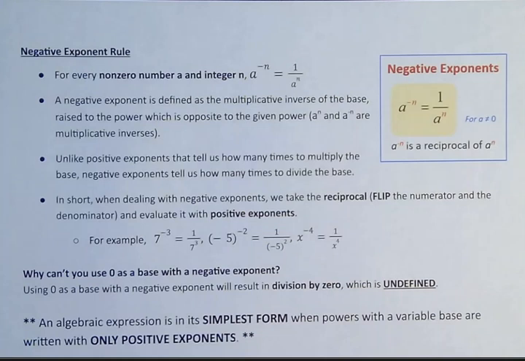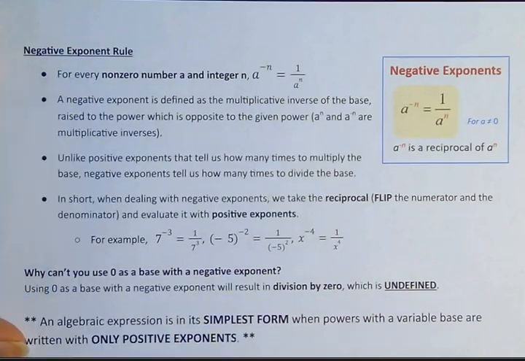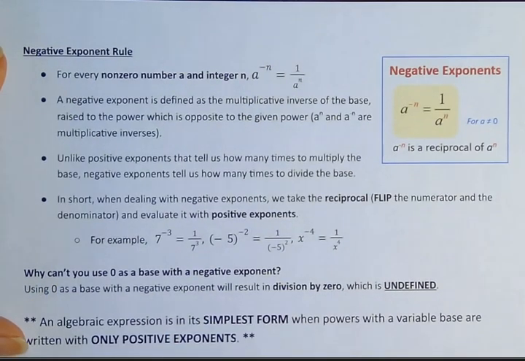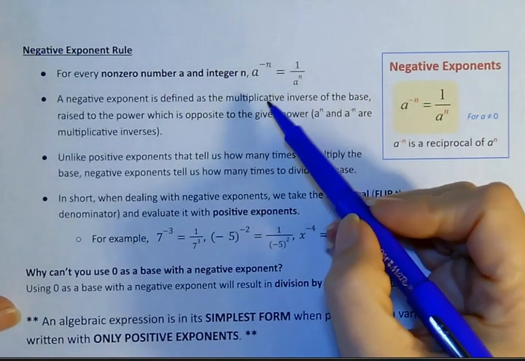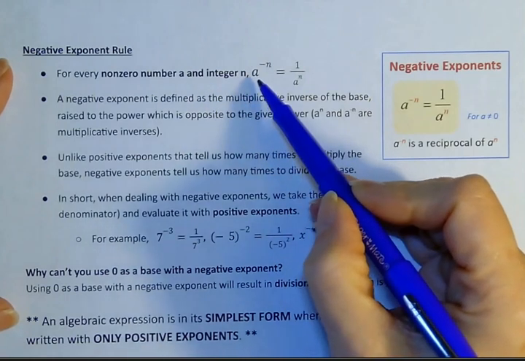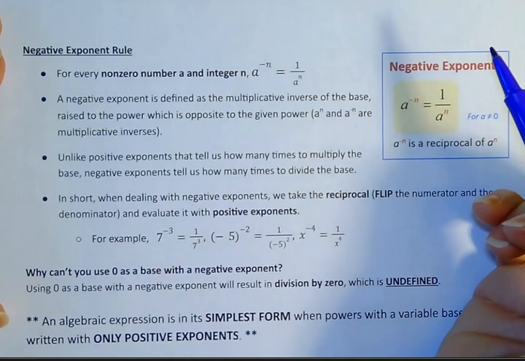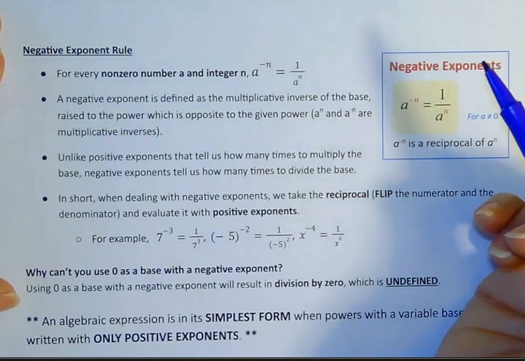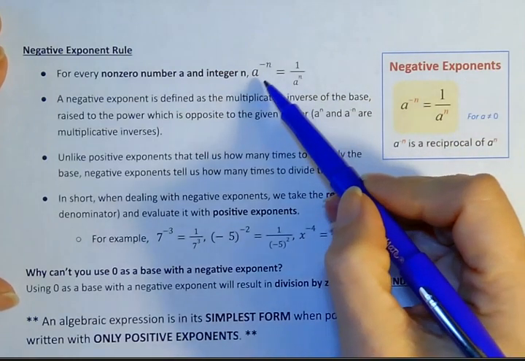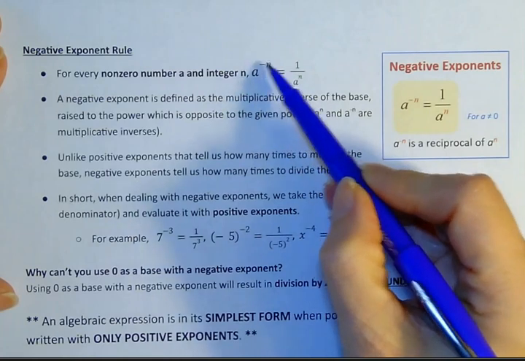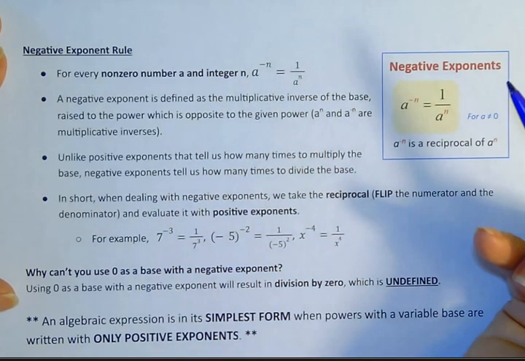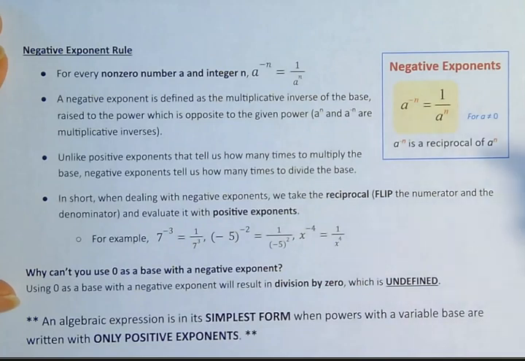Okay, so now we get to have some rules here with our negative exponents. So there's a negative exponent rule. If I have a non-zero number a, and it's raised to a negative power, a negative n, I can rewrite that, a to the negative n, as 1 over a to the positive n.